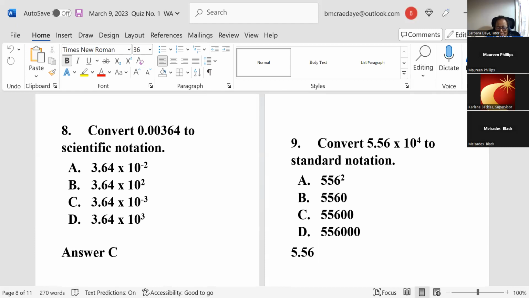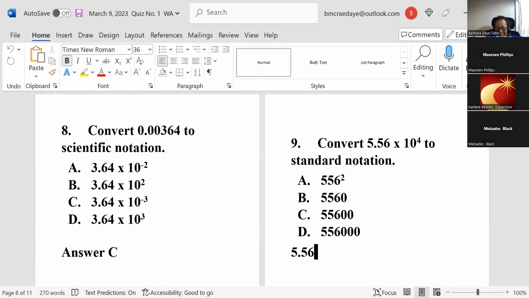No. Hold up. We're going to standard. I'm sorry. And the exponent is plus. So you move it where? To the right. How many places? It's 4 places, but two figures are there already.